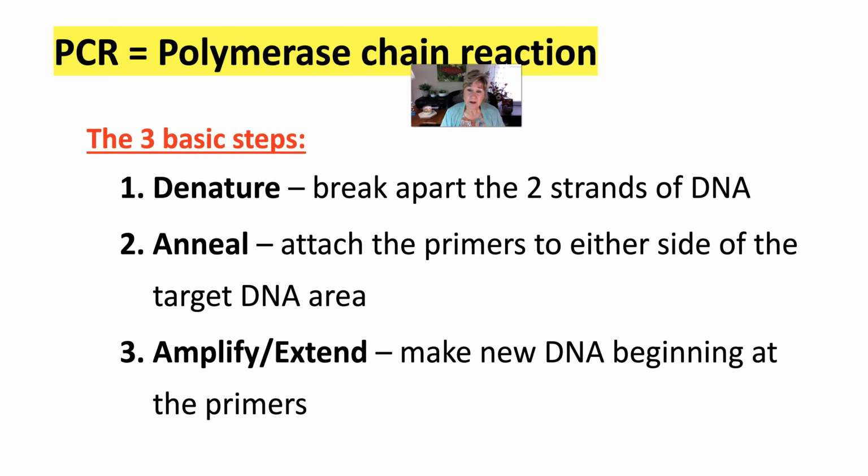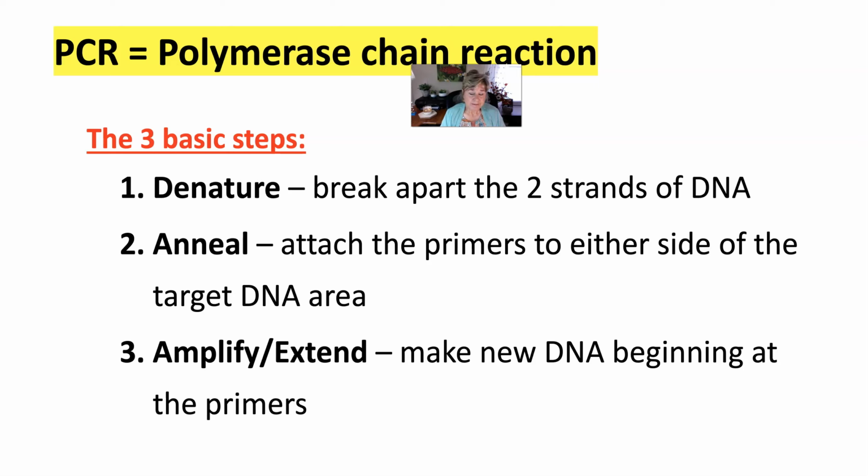If you know anything about cutting grass and you've used a lawnmower before, you push the primer button, right, to put a little gasoline into your lawnmower engine to get the process started. And that's what a primer is. It gets it going. And then new DNA can be made.